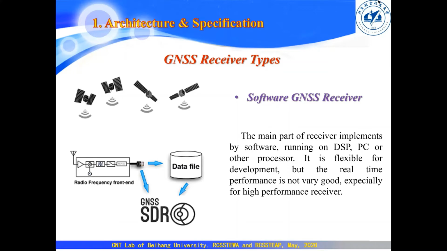So nowadays it's very easy to make it flexible, to make deployments, but the performance is not so good, especially for high signal processing performance. You need a huge power.